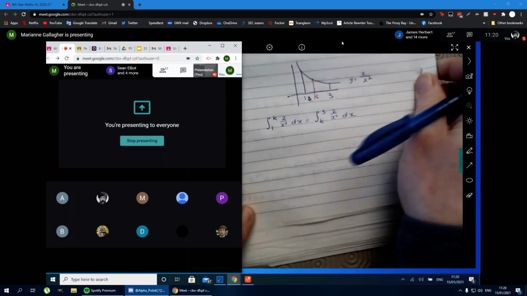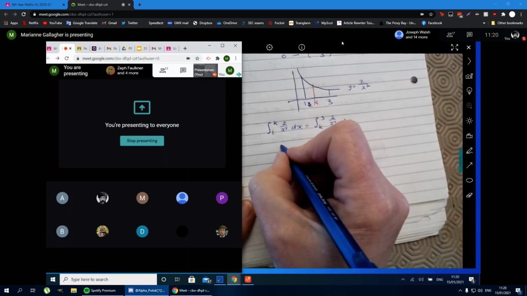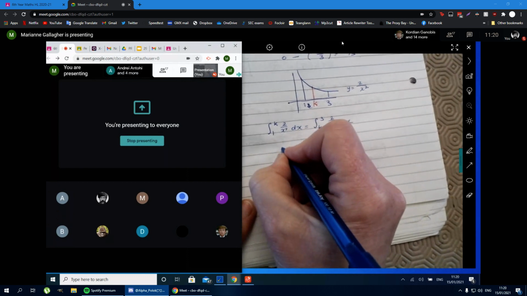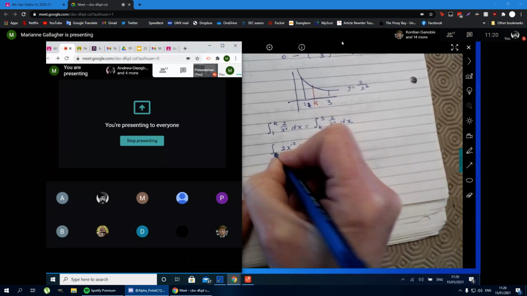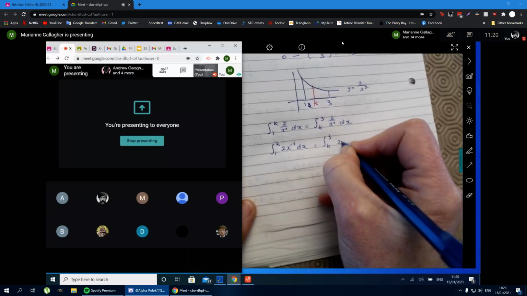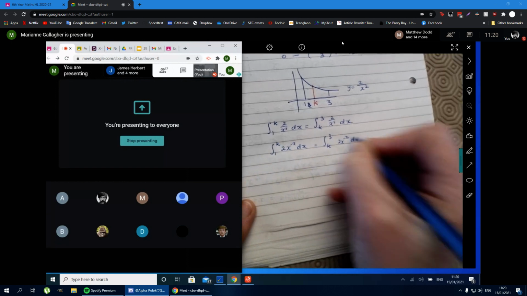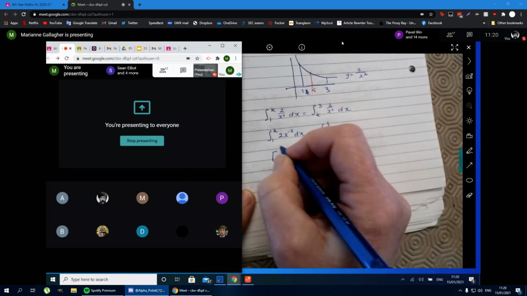All right. Now to integrate this, I need to change it to a negative power. So it's 2x to the negative 2 from 1 to k, and this is from k to 3, same thing. So the integration of both sides will be the same. Add 1, that becomes minus 1. I'm going to divide by minus 1.